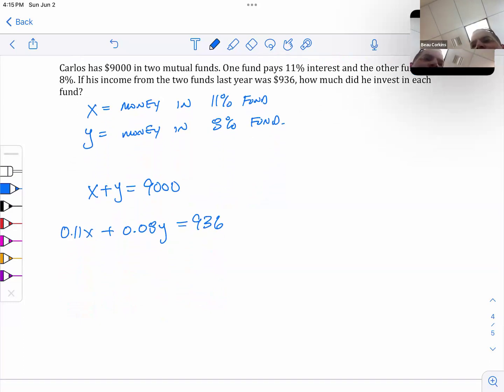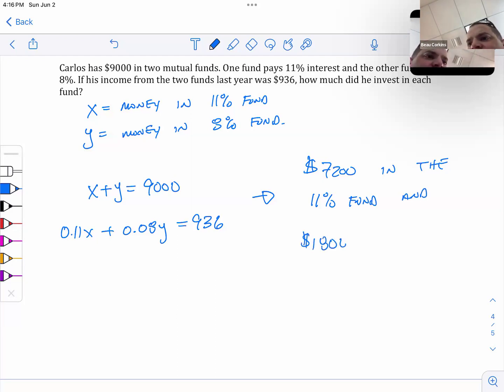And same thing as a note, I can solve this with guess and check, or I can solve this with algebra. We're going to do some algebra problems, but basically, if you solve this down, you will see that we have $7,200 in the 11% fund and $1,800 in the 8% fund.